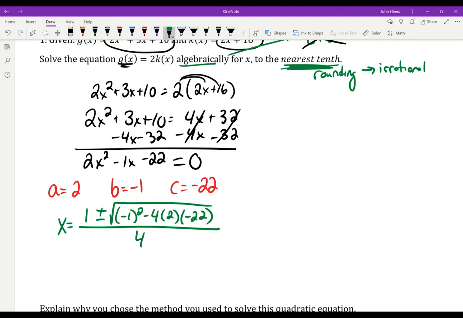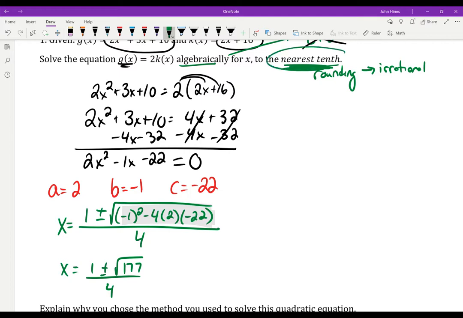So I substituted into the quadratic formula, and now I need to type what's under the radical into my calculator. Don't type in the square root, just what's under the radical. Negative 1 squared minus 4 times 2 times -22 is 177, is what I got.